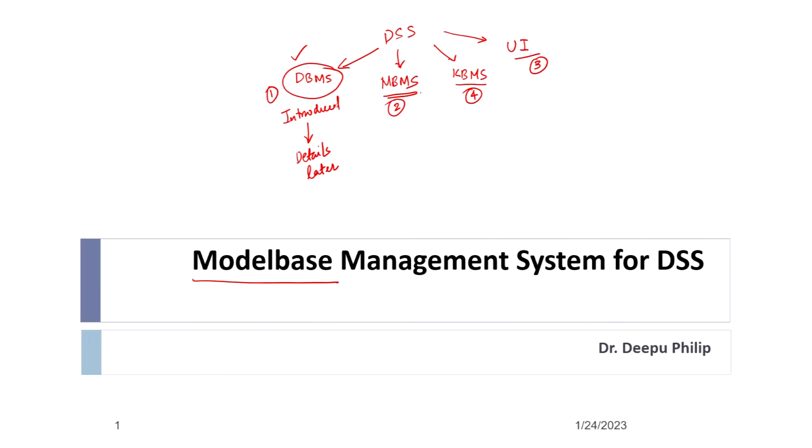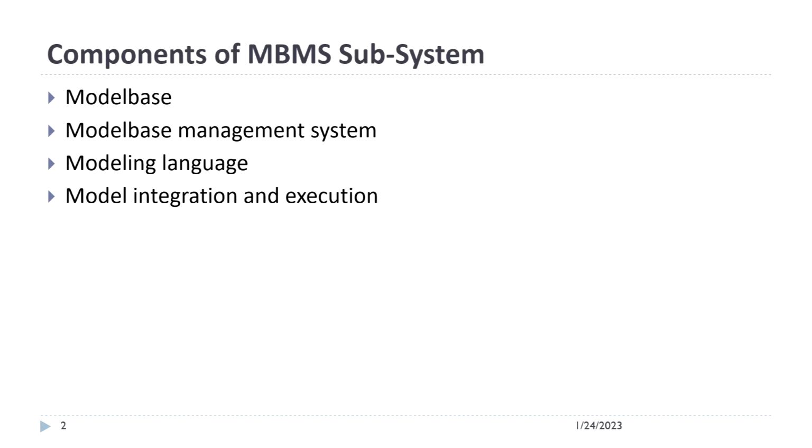So today's discussion, the major components of the model based management subsystem. Again remember we are talking from a web based DSS for corporate or business decisions standpoint. So most of the things that we are discussing are from such a standpoint.